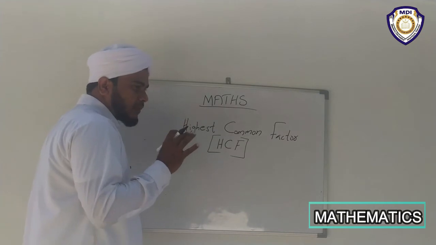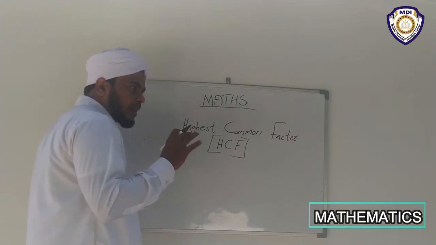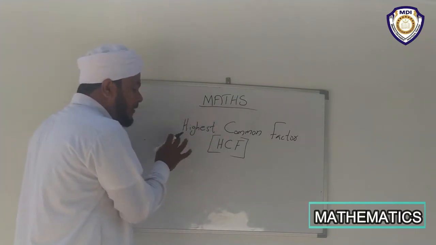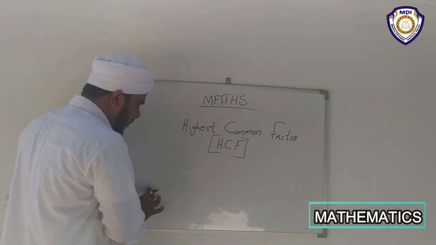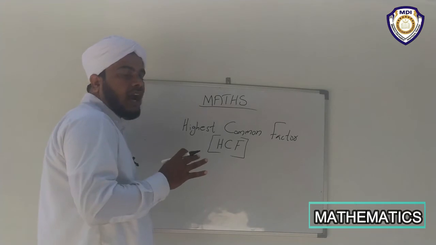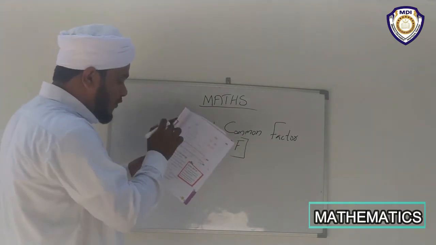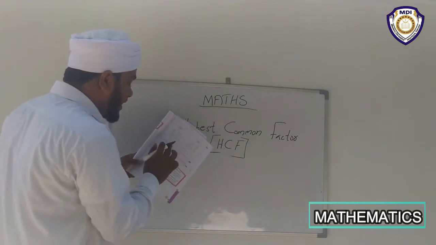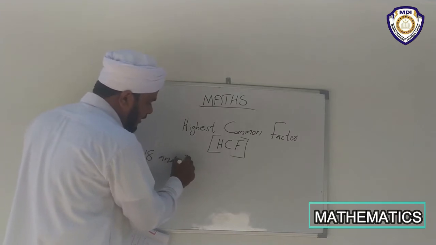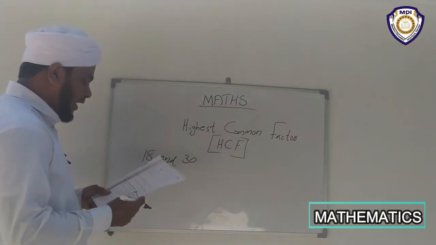Each and every number has factors, and there may be common factors. We have to select the highest common factor. So the first question: find the HCF of 18 and 30. Which are the factors of 18?